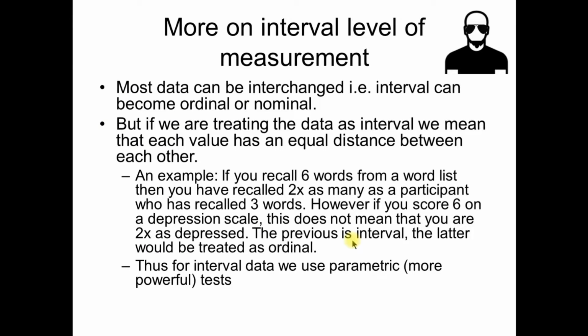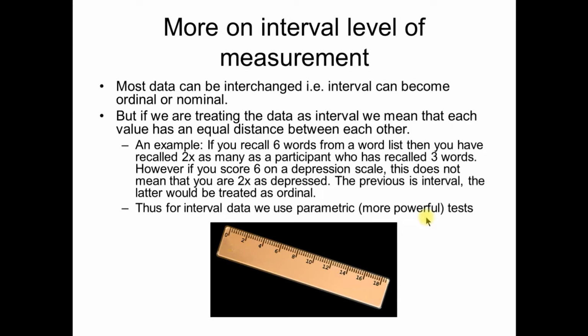So, interval measurement. Most data can be interchanged. As you know by now, interval can become ordinal or nominal. It's much harder to do it the other way around. But if we're treating data as interval, we mean that each value has an exact distance between the next. Take the everyday household ruler.